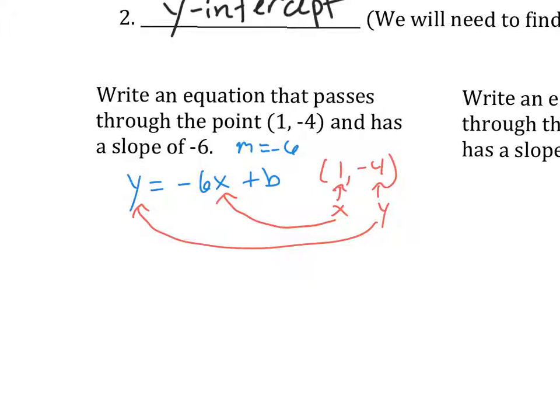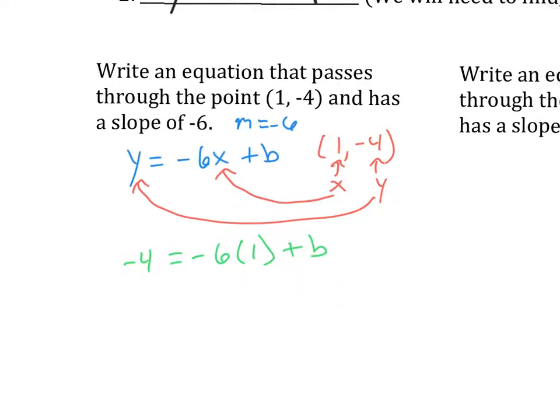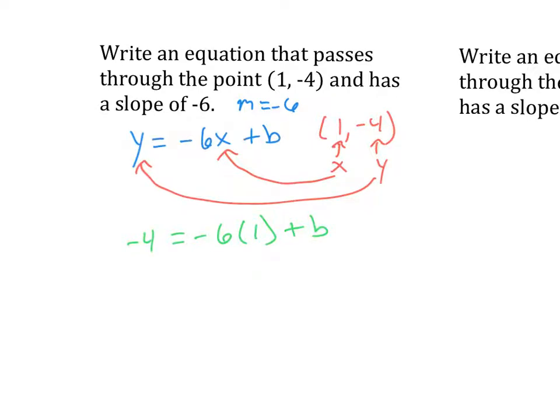So let's do that. We're going to substitute -4 in for y to get -4 equals -6, substitute 1 in for x, times 1 plus b. Now we just have one variable, and we can solve for that variable. So we'll take -6 times 1, which is -6. So -6 plus b equals -4. And now to isolate b, we just want to do inverse operations to this -6.